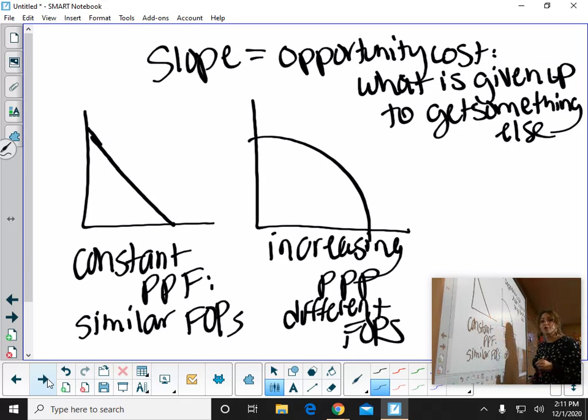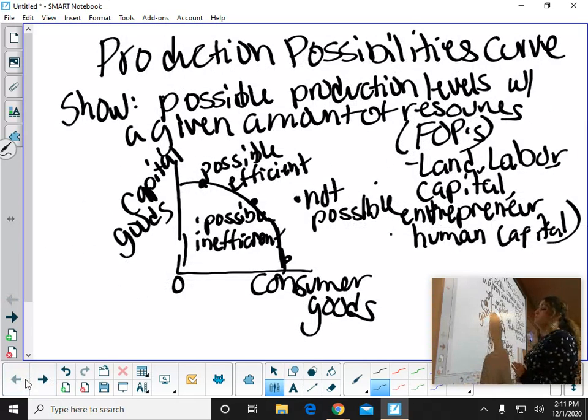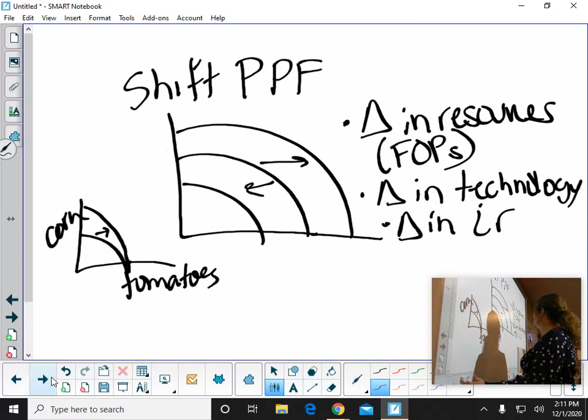And so the more and more you make of bread, the more and more airplanes you're going to have to give up, because switching from one resource to another, since they're different resources, is not an easy switch, and you're going to lose a lot in the effort of the switching. That's why it's increasing. So slope shows opportunity cost. Point shows efficiency. And shift shows a change of resources.